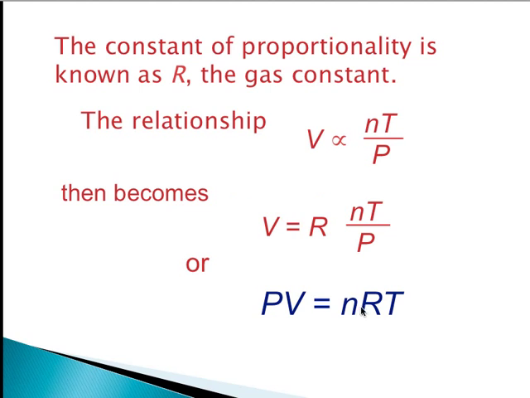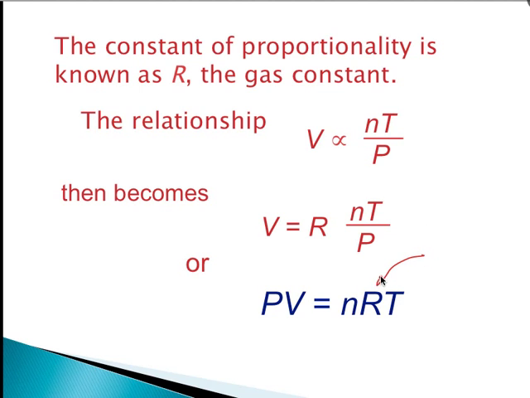Mathematically, instead of setting up a proportion, we can set up a constant, and then an equality. So the volume of a gas is equal to some constant times the number of moles of that gas, times the temperature in Kelvin, divided by the pressure. Rearranging this equation, we get PV is equal to nRT.